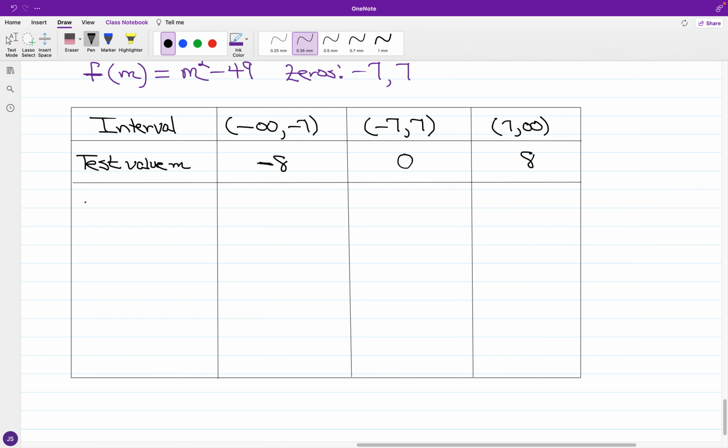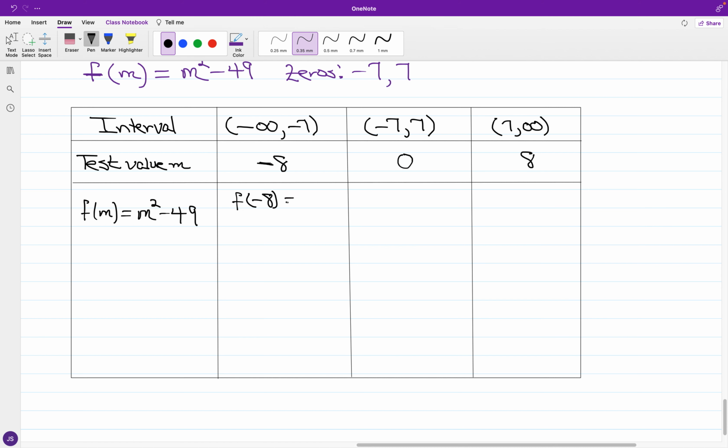And again, the function is f of m is equal to m squared minus 49. So we have f of negative 8.